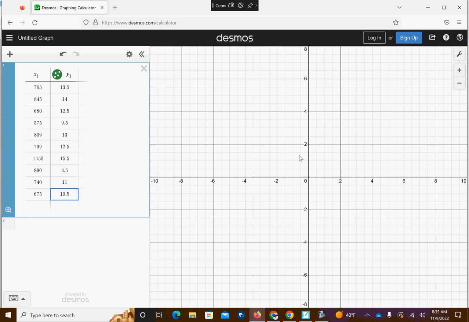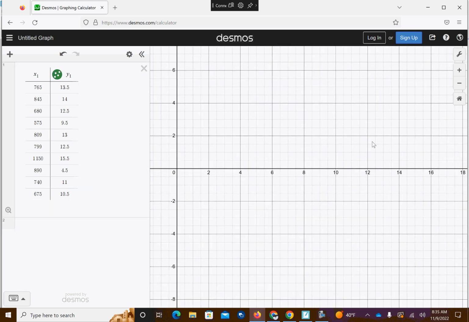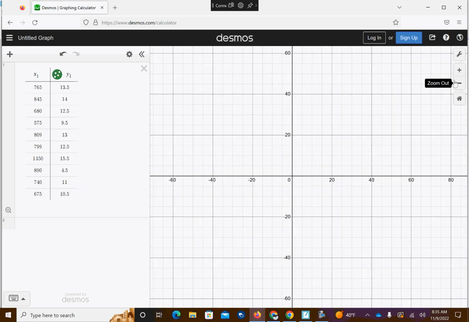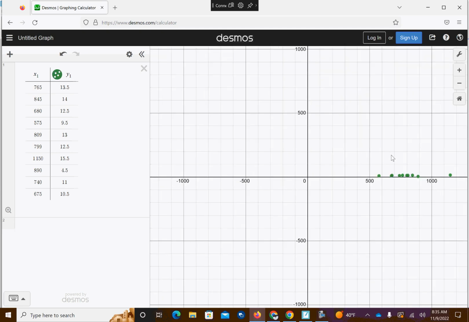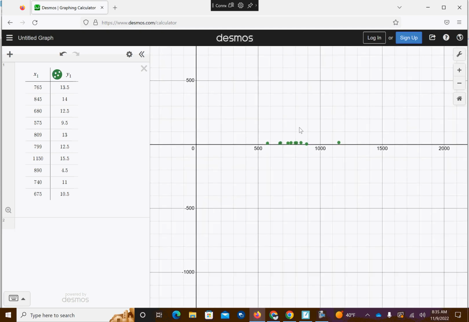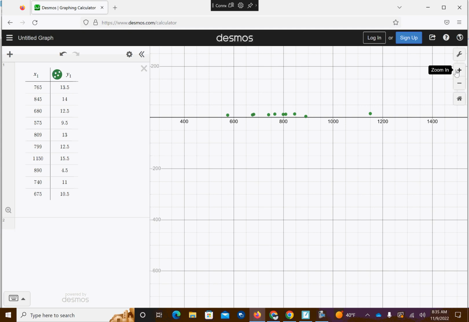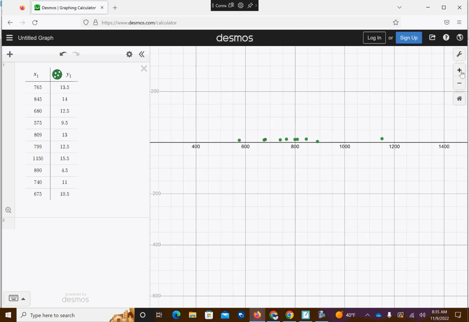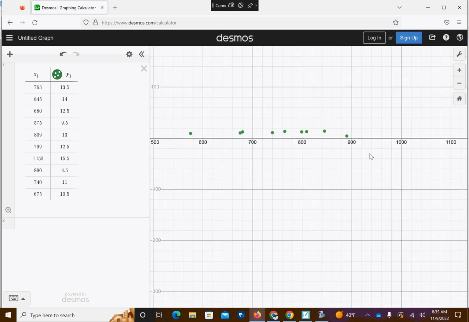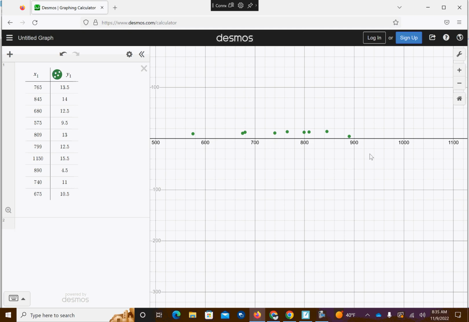Okay, so we have to go find this. I'm going to zoom out many times, and there's our data. Let's zoom in on that. So looking at the data as it sits, we can say a number of things about it.